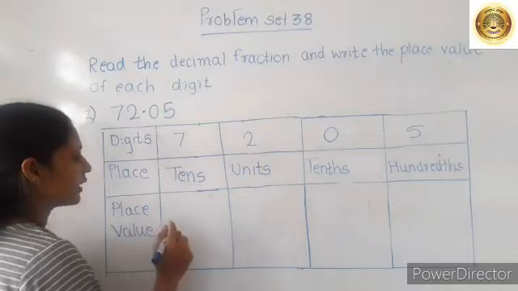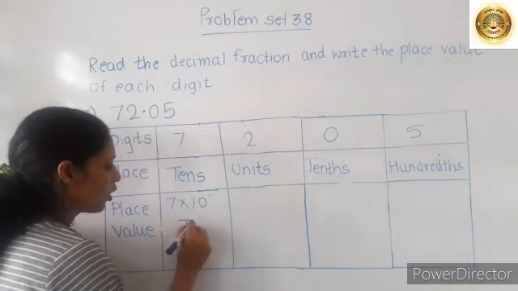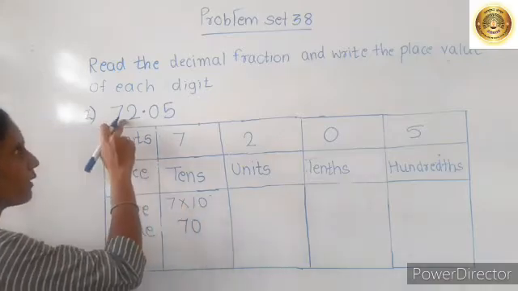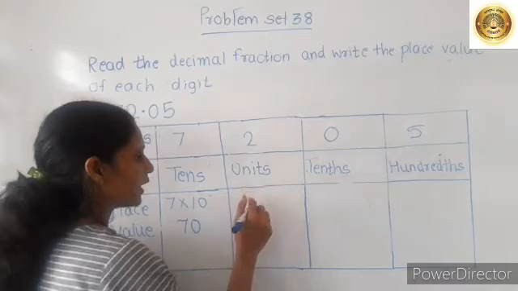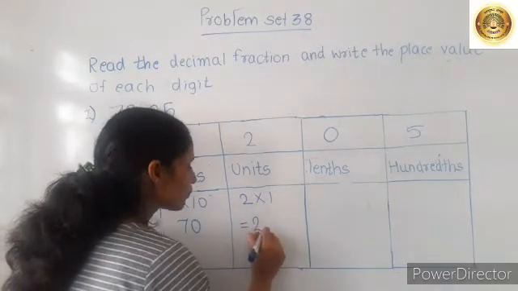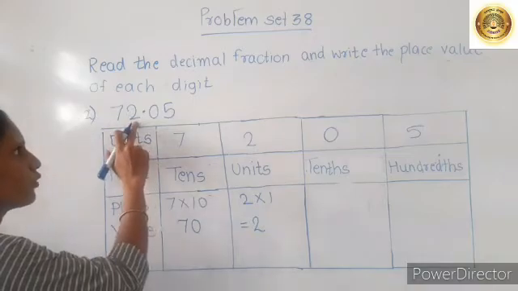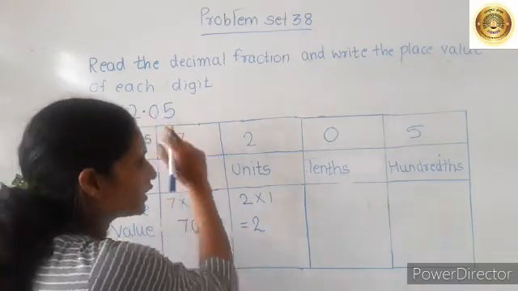Now 7 is in the tens place. So 7 into 10. So what is the place value of 7? It is 70. Now 2 is in the units place. So 2 into 1 is equal to 2. So what is the place value of 2 here? It is 2. Now 0 is in the tenths place.